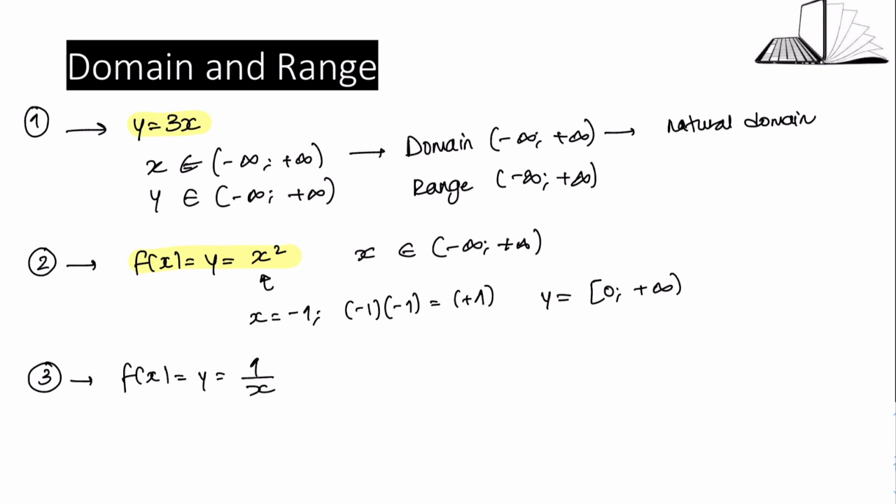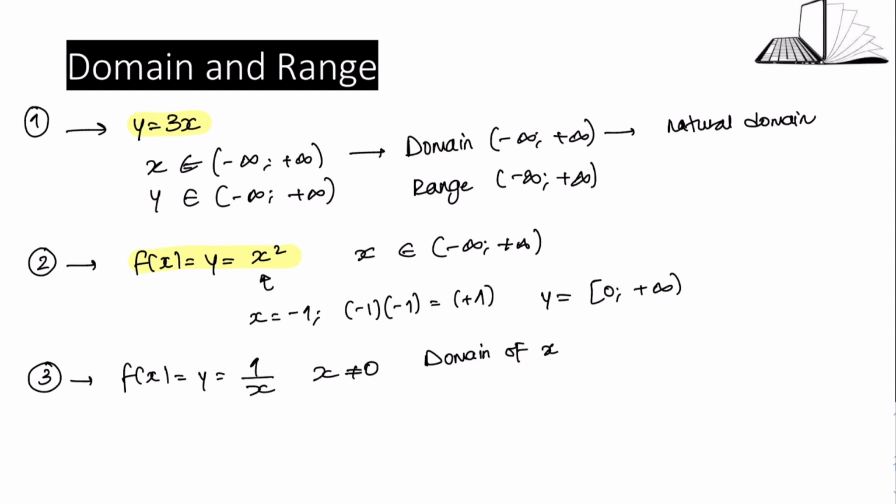Now in this case, I have a restriction on the values of x. So x cannot be equal to 0, because we cannot divide by a number which is equal to 0.